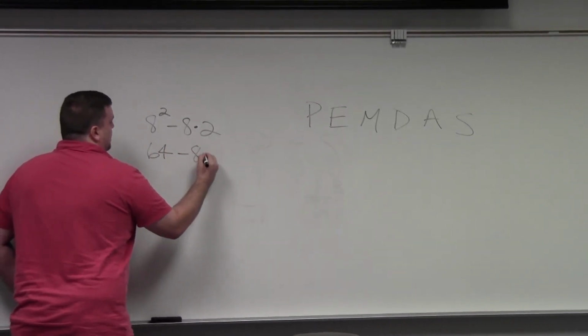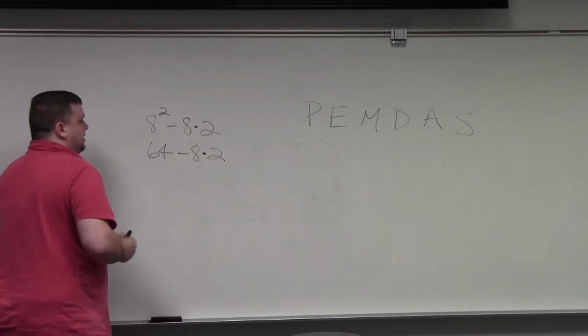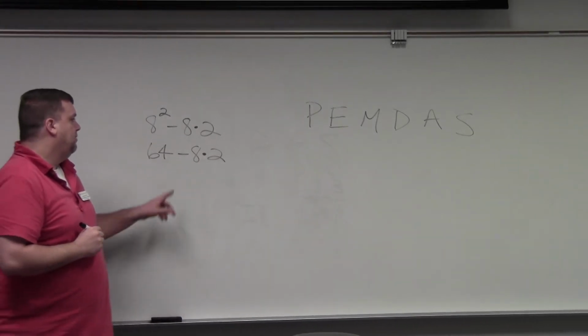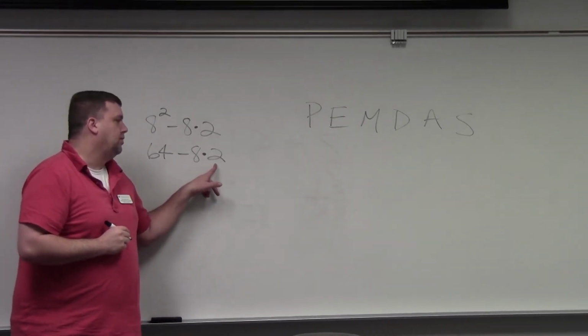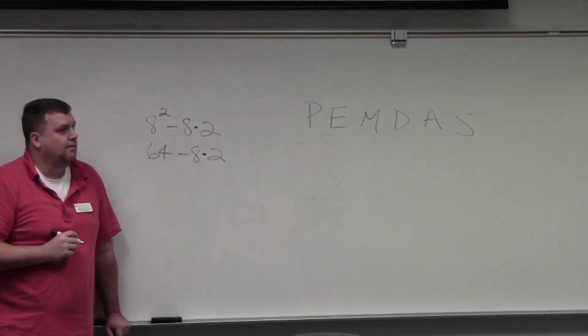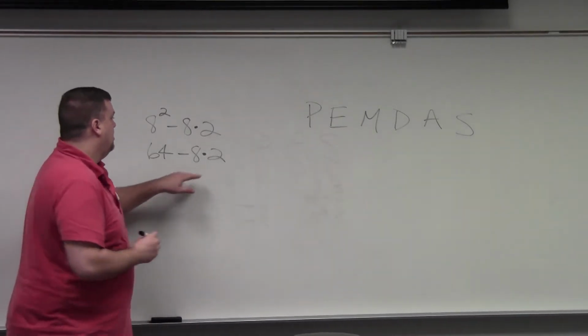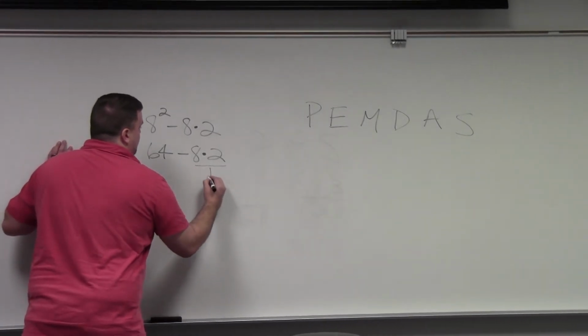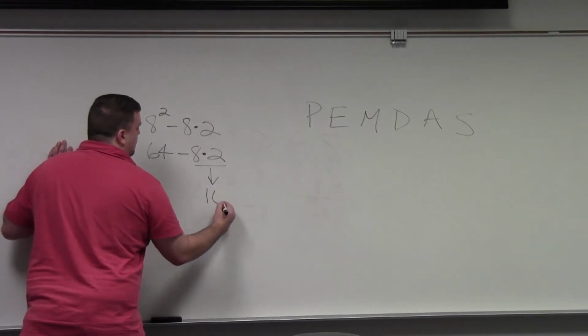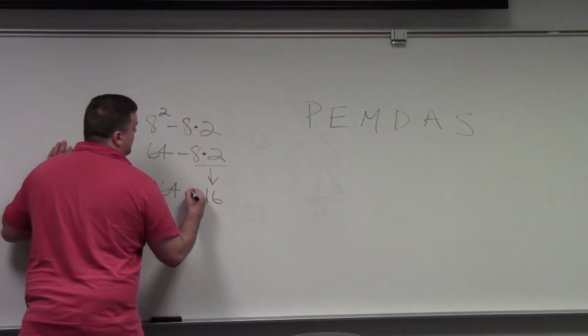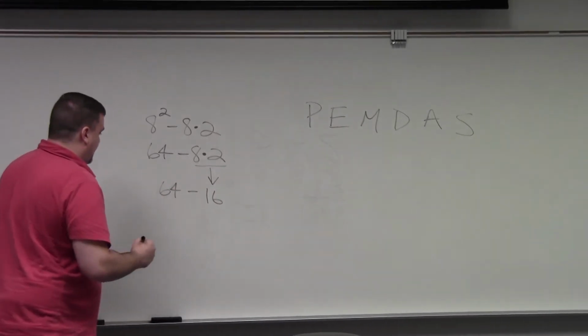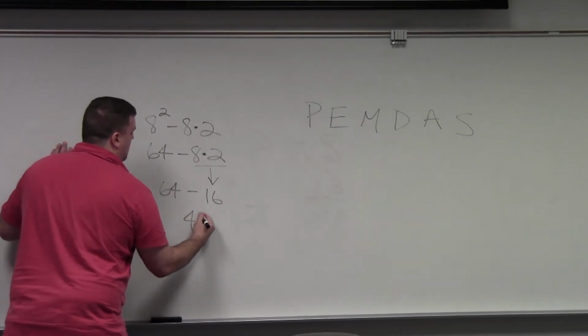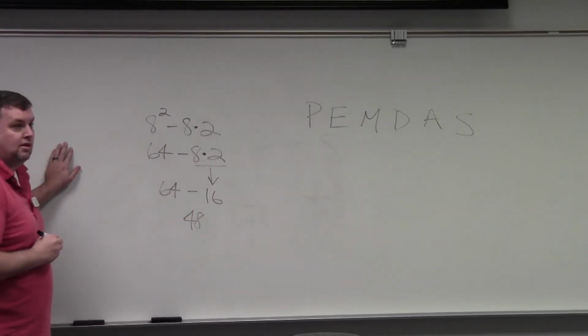And then just write the rest as is. So now we have 64 minus 8 times 2. Which operation comes first there? Multiplication, right? So what's 8 times 2? 16. And we have 64 minus 16. 48, correct. All right, good to go.